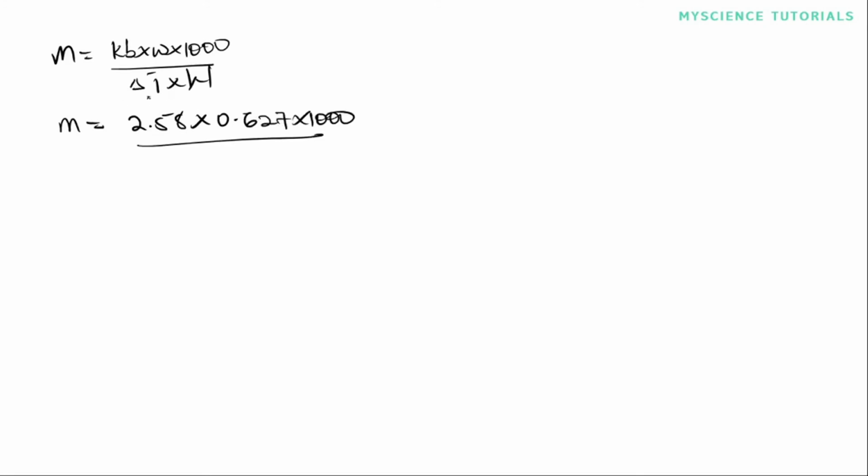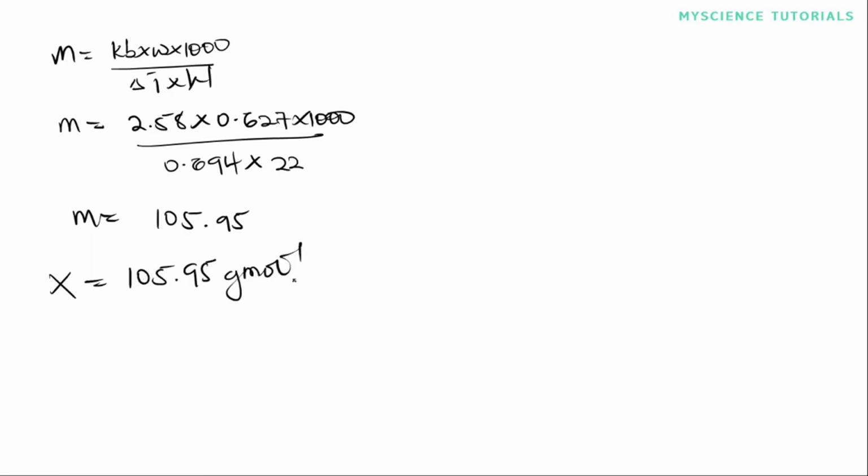The difference in temperature was 0.694, multiplied by the same mass of the organic solvent, which is 22. If we input everything into the calculator, we get 105.95 as our molar mass. So the molar mass of the compound X is 105.95 grams per mole.